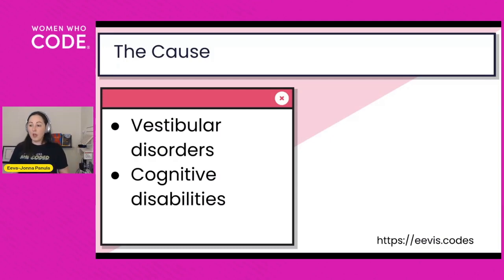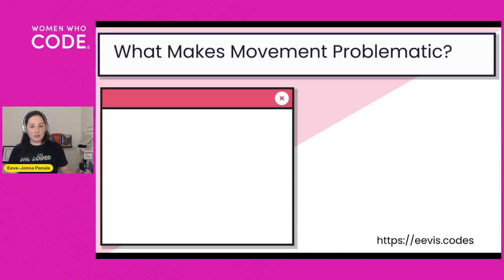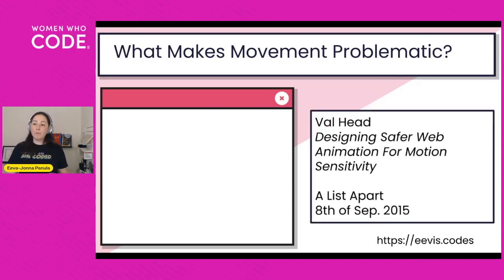All right. Let's then move to what actually makes movement problematic. I'm going to use Val Head's article, Designing Safer Web Animation for Motion Sensitivity, as a resource for this one. And then I have one additional item.